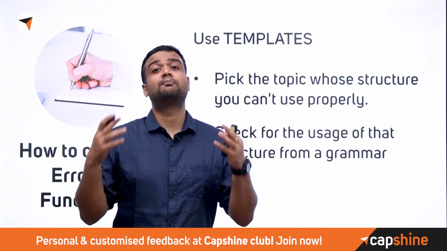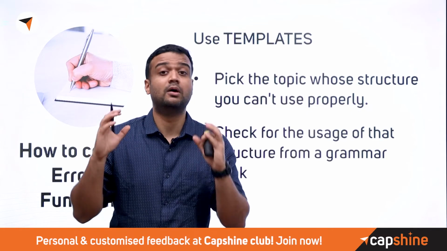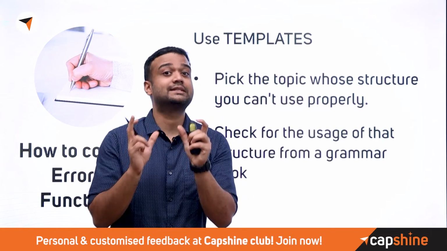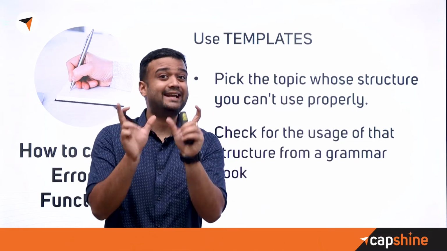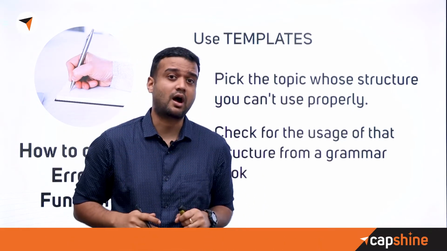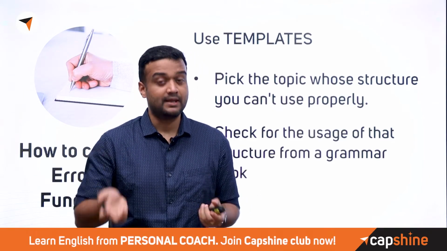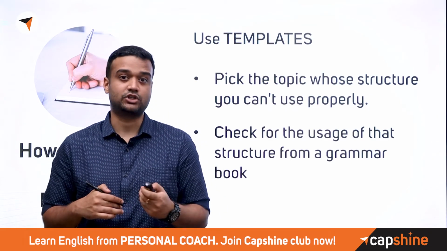You will see posts on Reddit or Quora, or posts from authority sites like British Council where they discuss the use of this language element. You don't need to know that this is called past perfect. Just write down the words or the structure that you're uncomfortable with, search for it, find your answer there. This can help you understand the grammar concept and also fix the errors that you're constantly making.